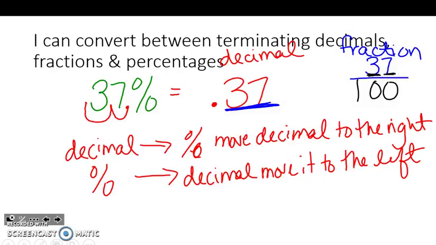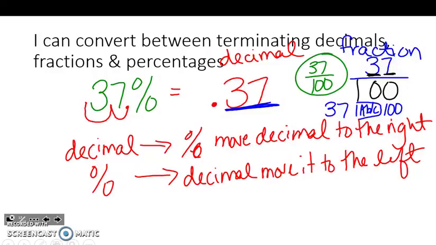So we're going to take 37, hit that ABC button, and then type in 100 and hit enter. Notice on your calculator that it went back and all it says is 37 over 100. That means that that fraction won't reduce. So 37 over 100 is your final answer.